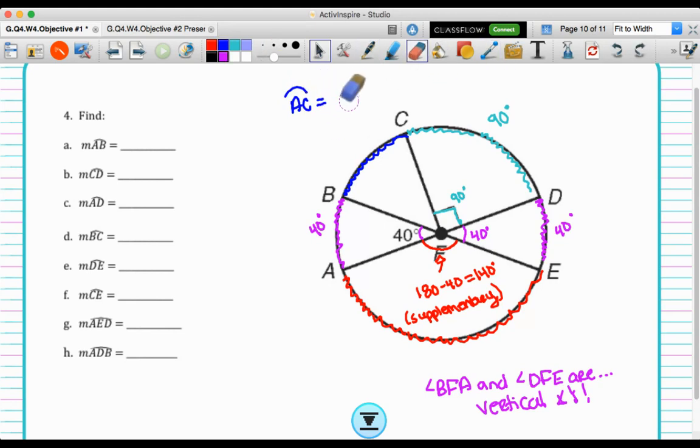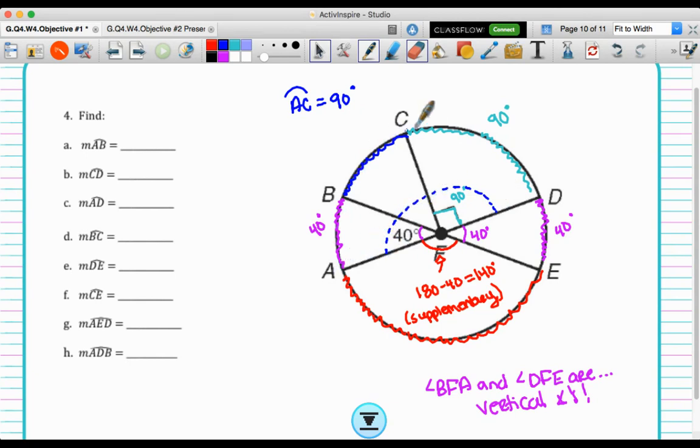Let me re-explain that though. We know that arc AC has to be 90 because it's supplementary, right? These three right here are going to add to 180 degrees. We already took care of this 90, so what's left over is 90.